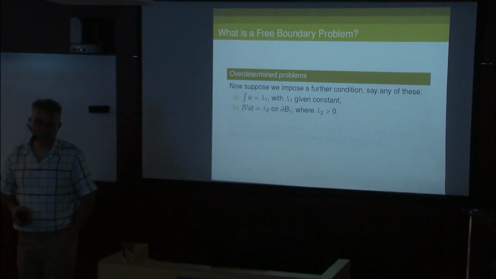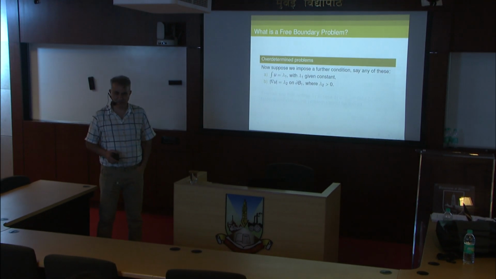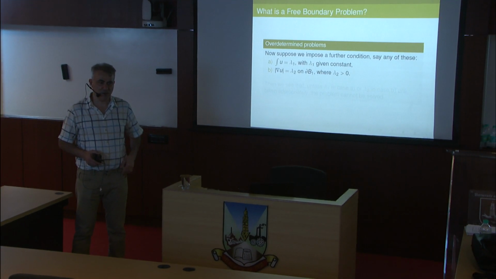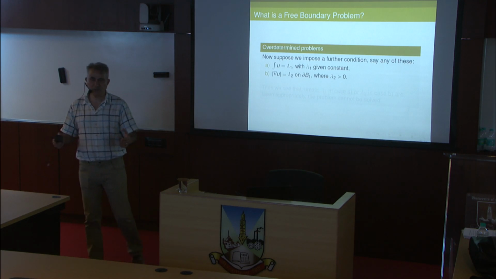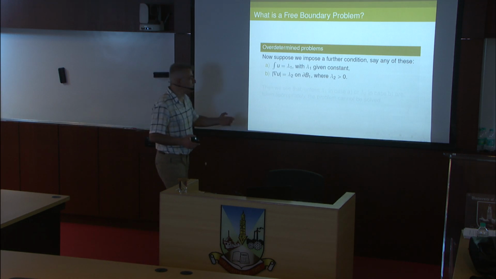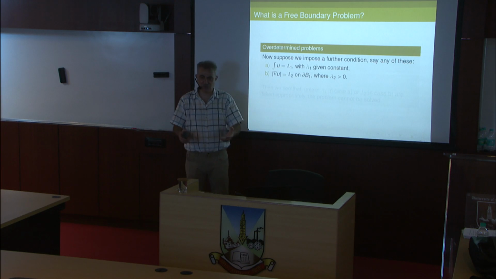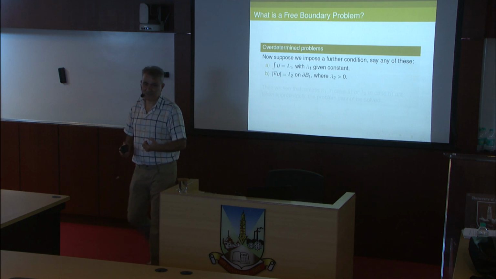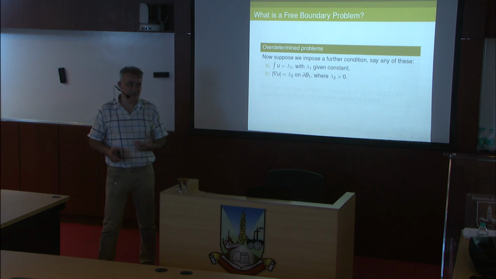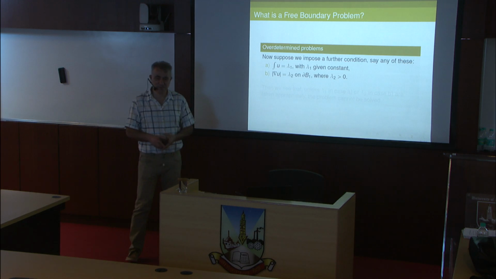Then you see that this problem is not solvable, because R is already given to you, the domain is given, and you will compute the gradient, which comes up naturally from your exact function. It's not necessarily going to be the lambda 2 you're giving. So this means that I cannot solve this problem.